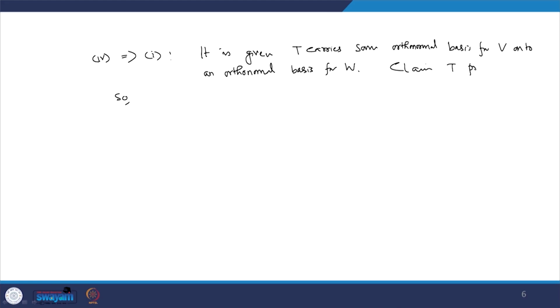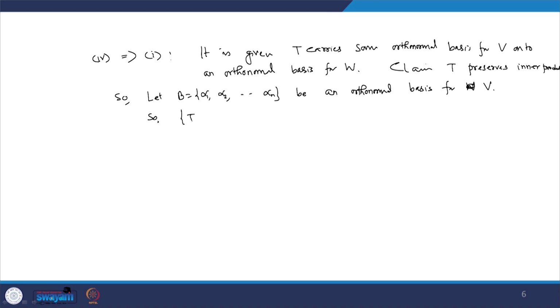Claim: T preserves inner product. So, let B equal to alpha 1, alpha 2, up to alpha n be an orthonormal basis for V. According to the given conditions, T alpha 1, T alpha 2, up to T alpha n will also be an orthonormal basis for W.